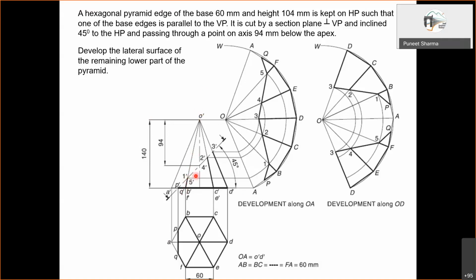So O dash to 1 dash or O dash to 5 dash, the true length is not available here, so it is to be projected onto this.